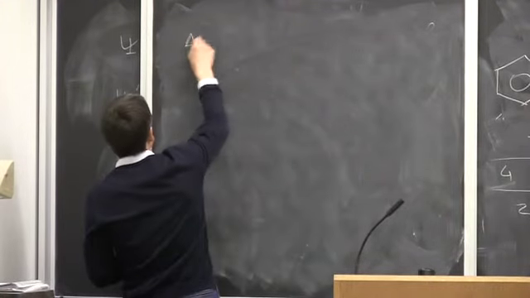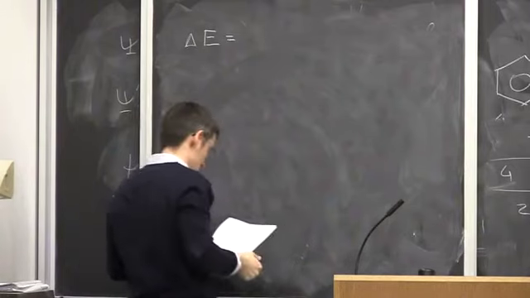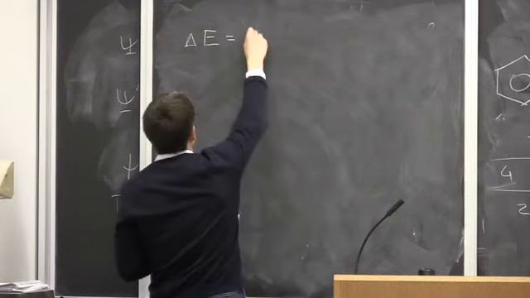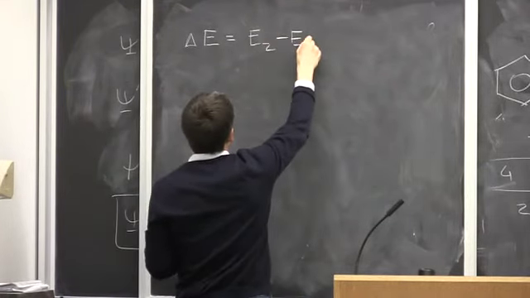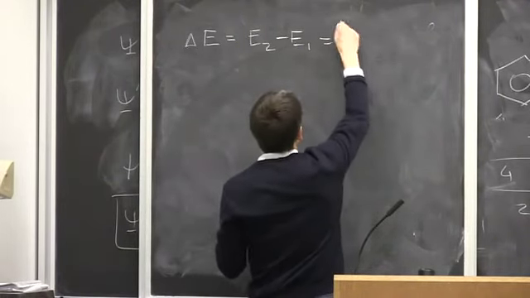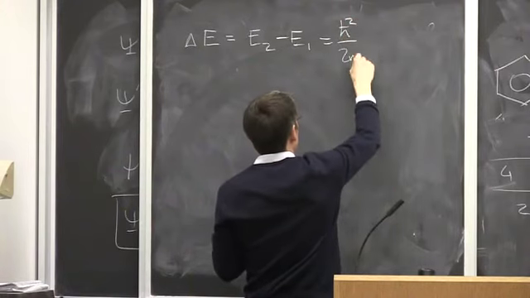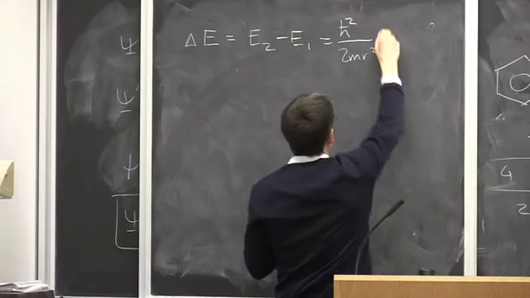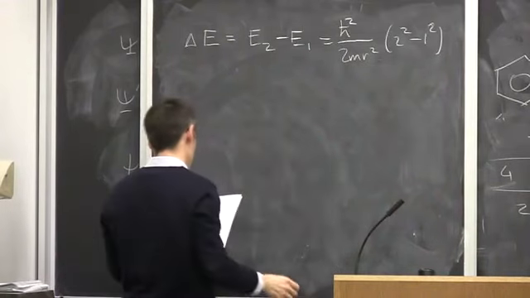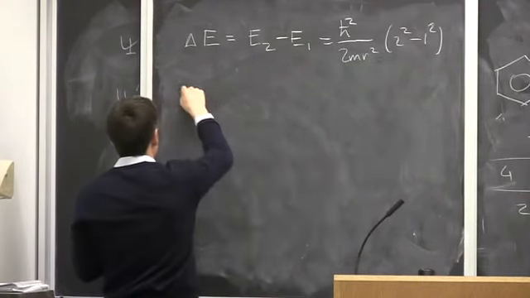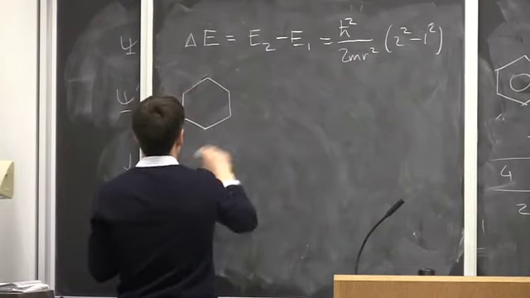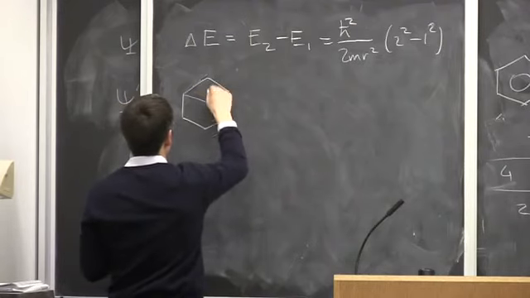All right, so then delta E will be E2 minus E1, where the subscripts are n's essentially, and then we have h bar squared over 2 m r squared. And so this is benzene, right?